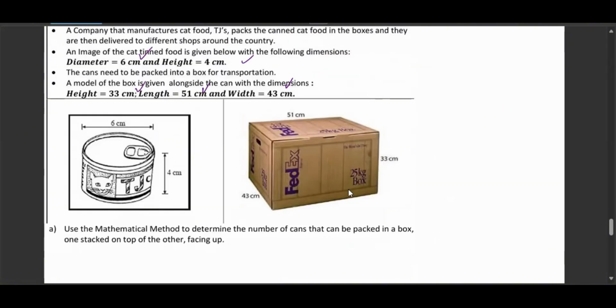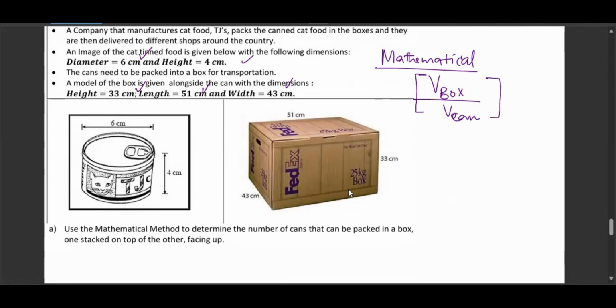By the way, what I forgot to tell you is that we have the mathematical method and the practical method. The mathematical method will say volume of the box divided by the volume of the can, which mathematically would be right, but practically it won't be.